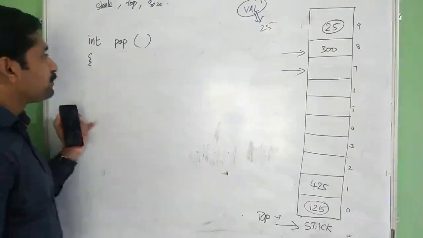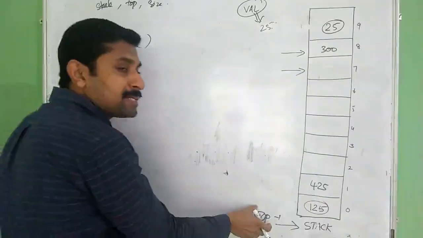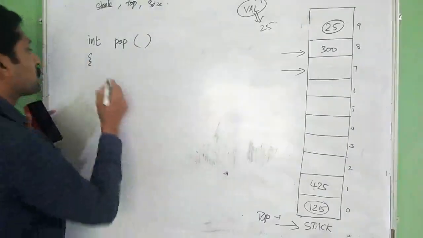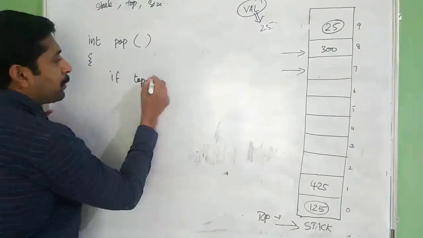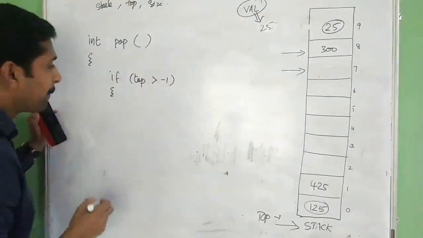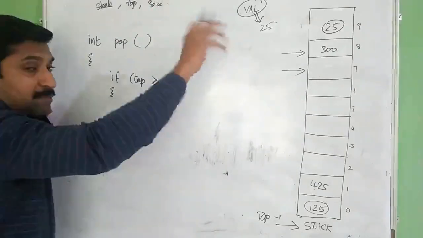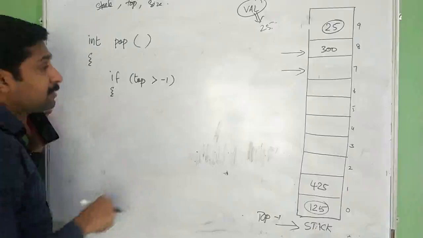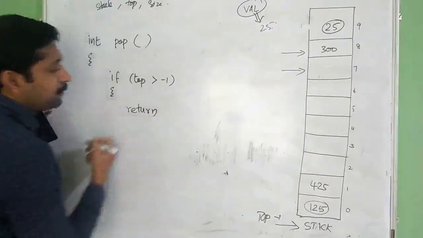Now we have to check whether the top is greater than -1 or not. If top greater than -1, what is to be done? We have to return, give back the top item in the stack.